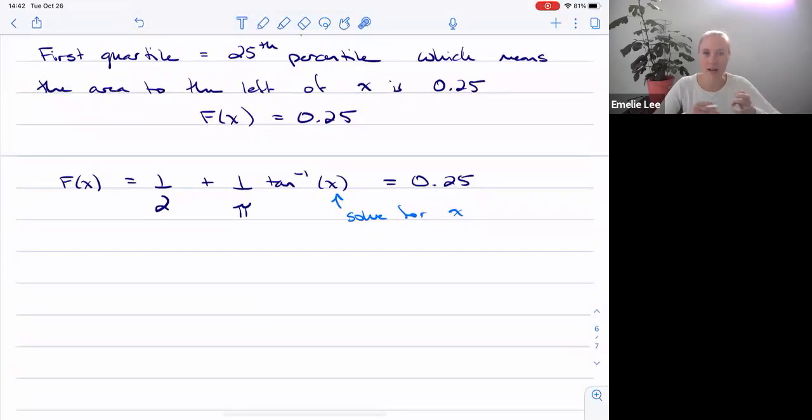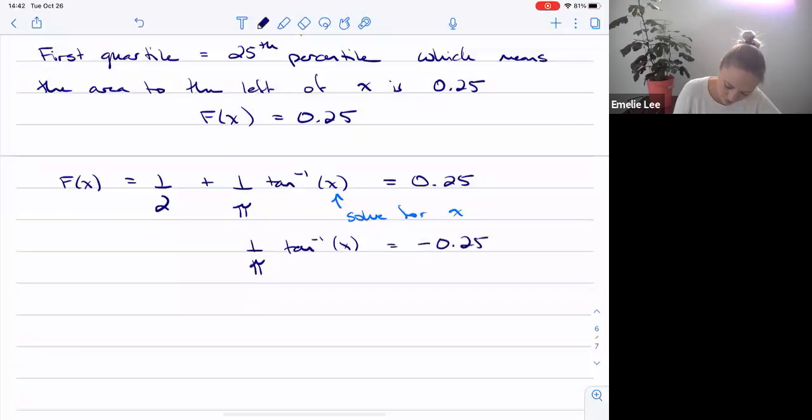If I'm solving for x, I'm just going to massage this a little bit. I'm going to move this 1/2 over here, so that puts me at negative 0.25. And so I have 1/pi tan inverse of x is negative 0.25. Okay, I'm going to multiply this pi over here, right?